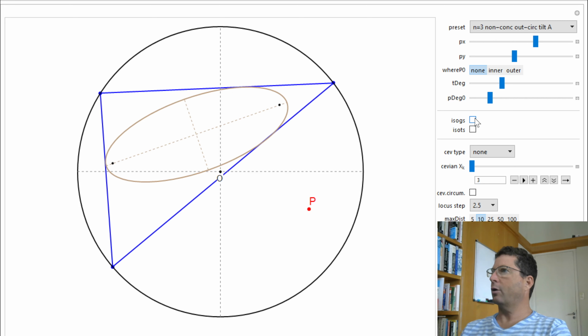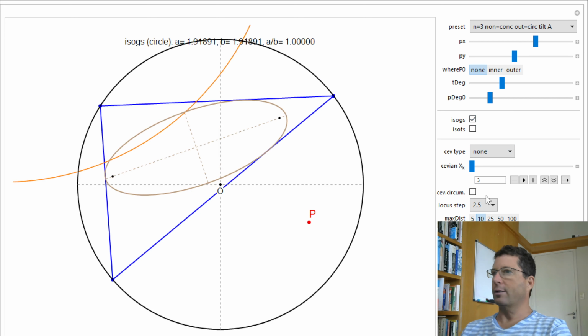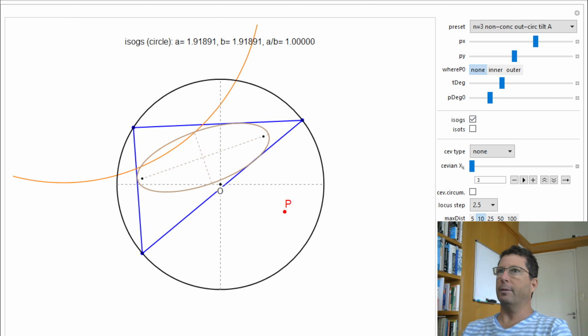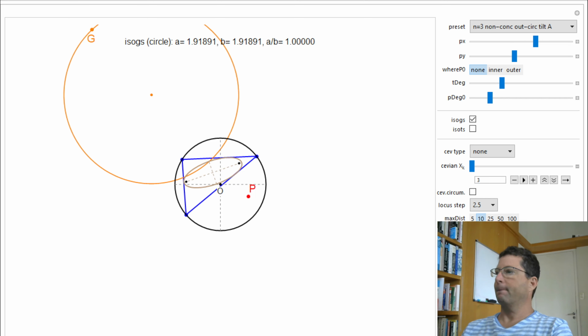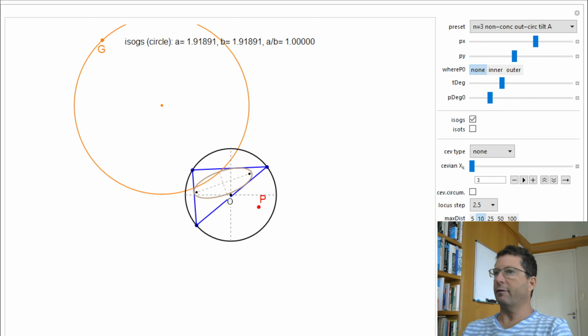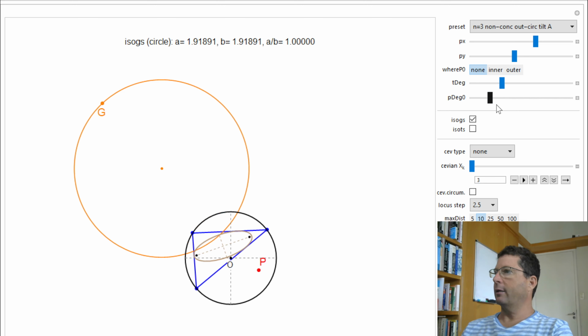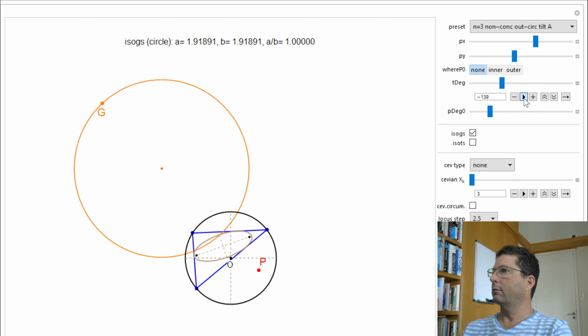So let's go ahead and draw the isogonal locus of P. It's appearing up here, okay? Let's go ahead and center this guy very well. And let's go ahead and animate the family now. So there you have it. This is the result, which is quite beautiful and harmonious.